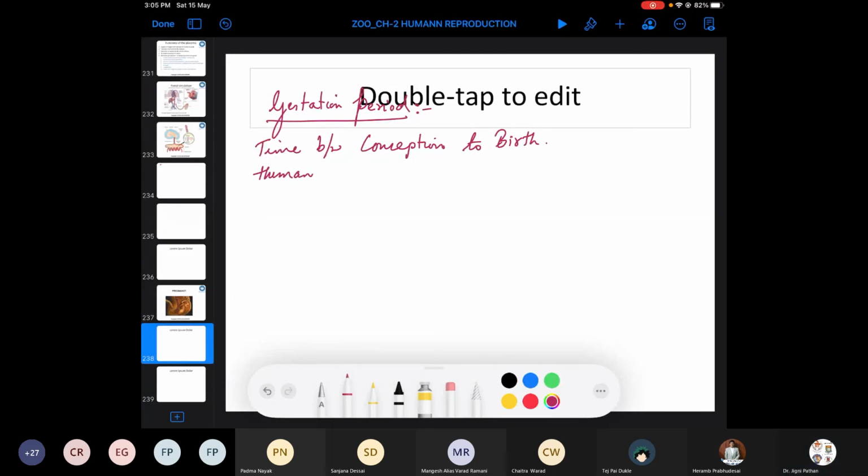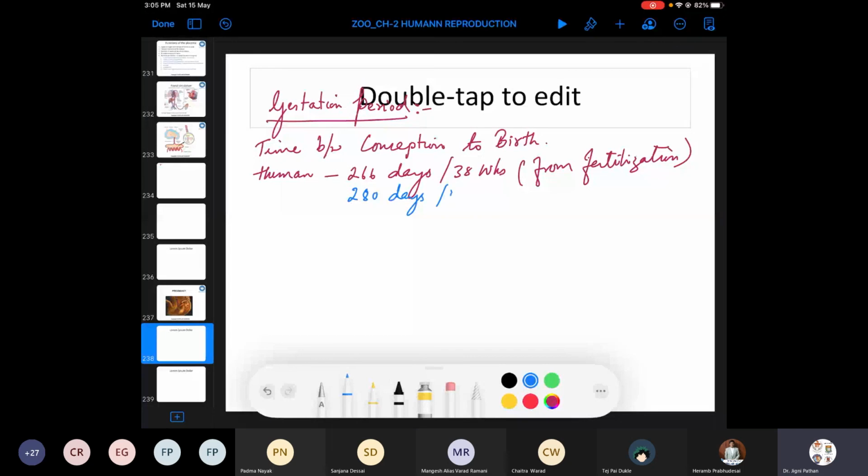Human gestation time, very important this: 266 days or 38 weeks from fertilization, or 280 days, 40 weeks from the last MC, or 9 months, 7 days.